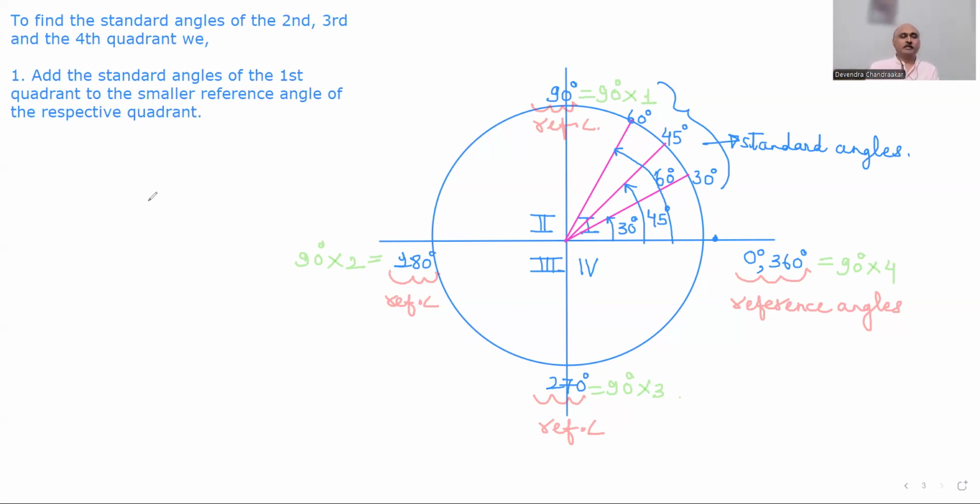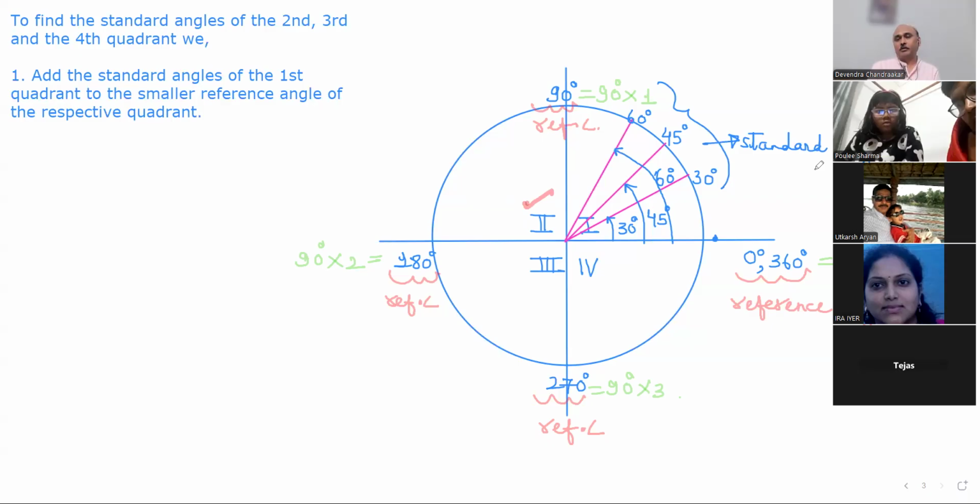All of you, please help me in this. Okay, everybody. What does the rule say? It says we want to find the standard angles of the second quadrant. So what are the reference angles of the second quadrant? Tell me, Polly. Sir, 90 degrees, 45 degrees, and 60 degrees.